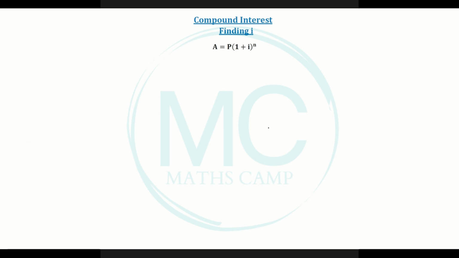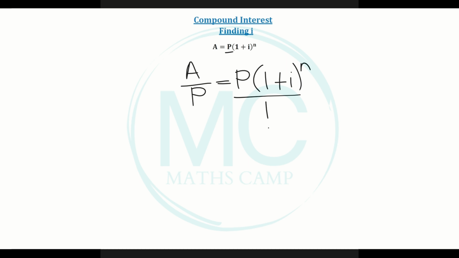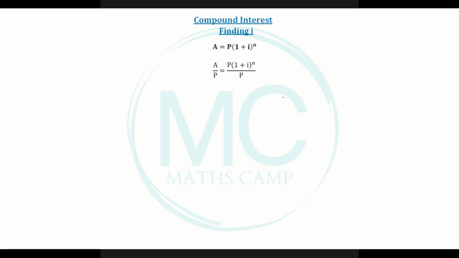And the first thing we can do is to move this P. So let's divide both sides by P. So we say A over P is equal to P multiplied by the bracket 1 plus i to an exponent of n all over P. Now on the left, we have A over P. On the right, the P's will now cancel out, and we're left with 1 plus i to an exponent of n.